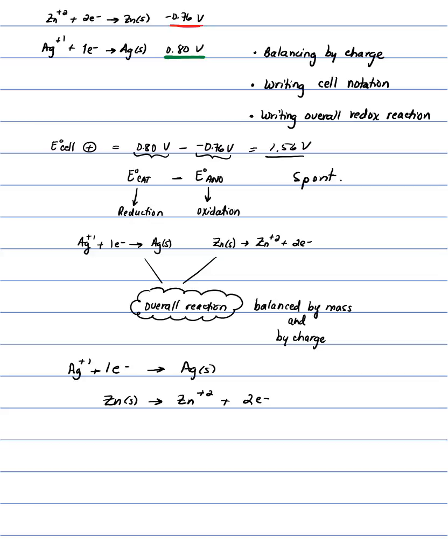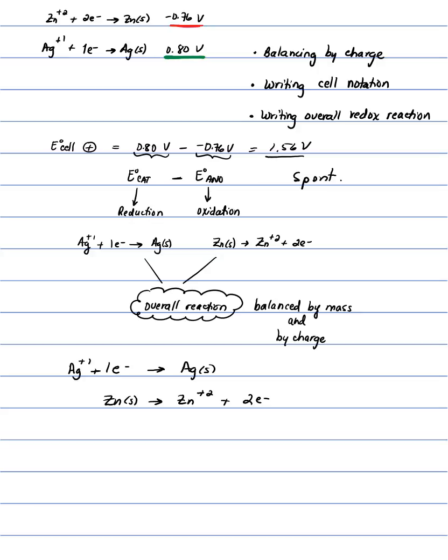out. If you look at your two half reactions, for the reduction of silver plus 1, you need 1 electron. From the oxidation of zinc solid, you're getting 2 electrons. Your number of electrons is not the same, which means that you need to actually balance by charge.